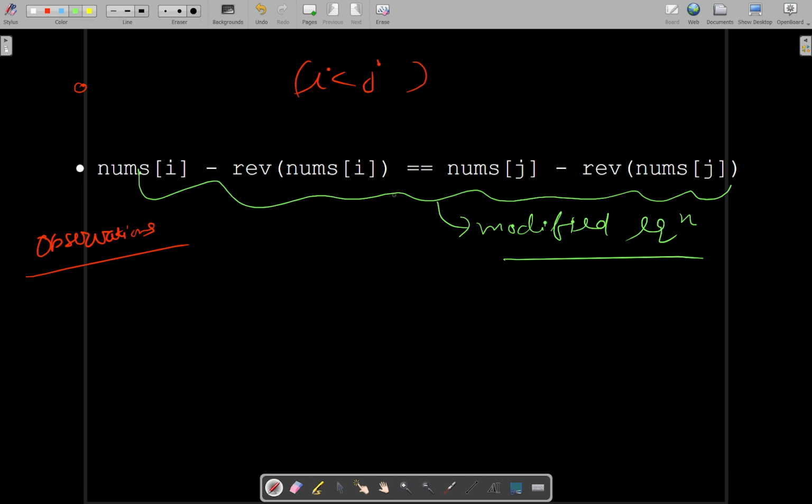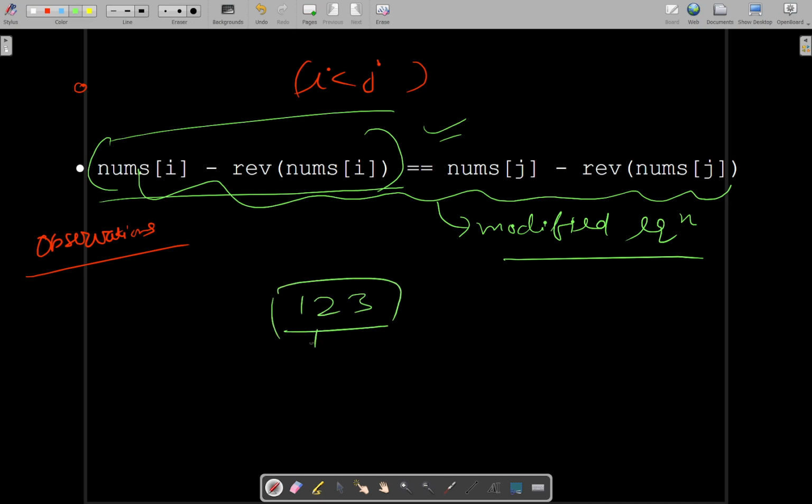Now you can see that we are interested in our number's difference with its reverse number. Okay, and let's say a number given to you is 123. This is nums of, let's say, j. Okay, and what will be the reverse of 123?